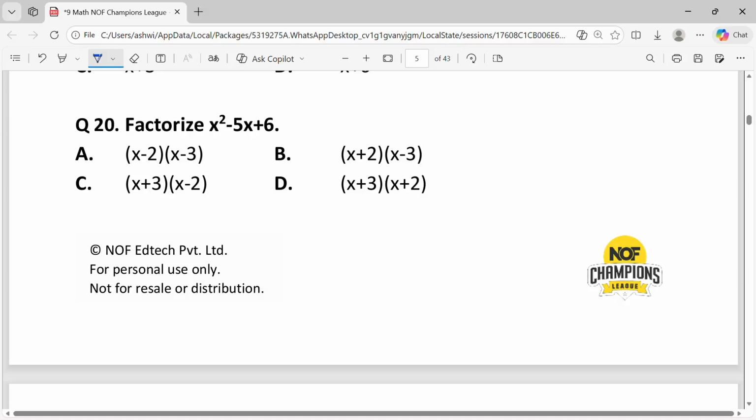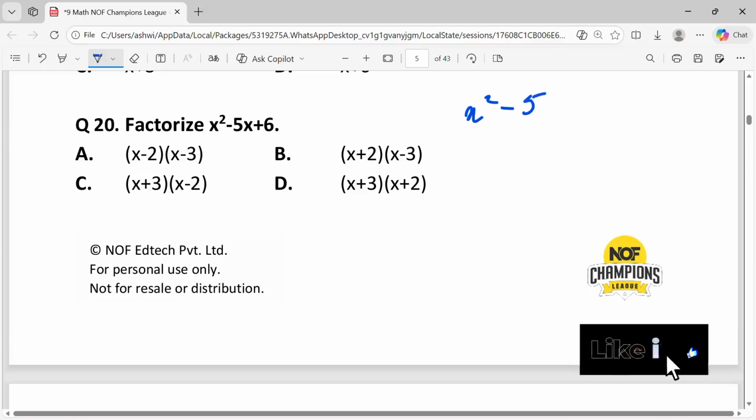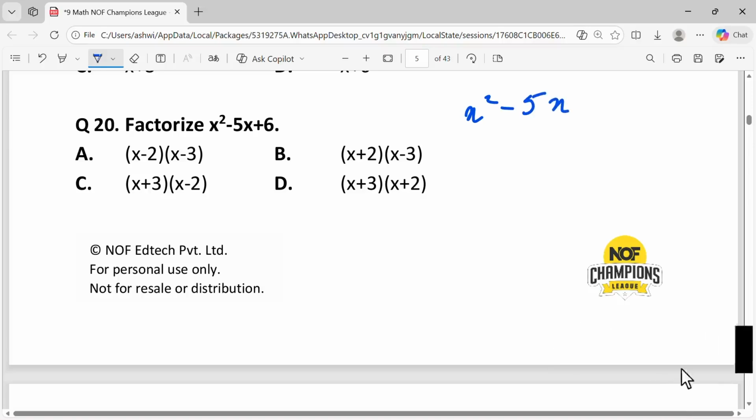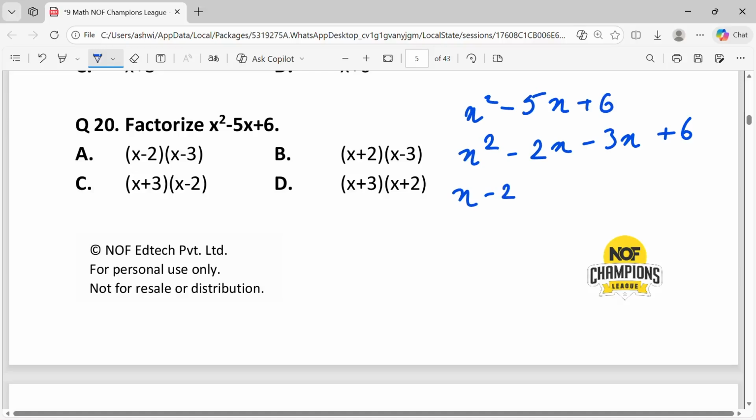So the quadratic expression can be written as the product of two binomials using these numbers, that is x square minus 5x plus 6 can be written as x square minus 2x minus 3x plus 6, that is x into (x minus 2) minus 3 into (x minus 2).